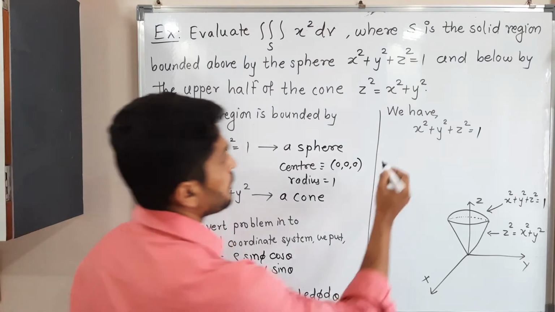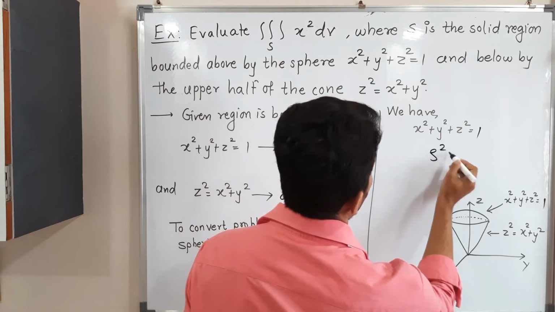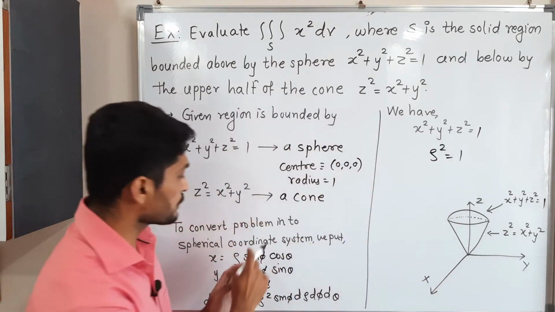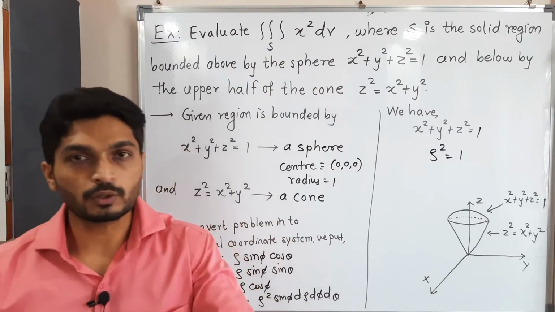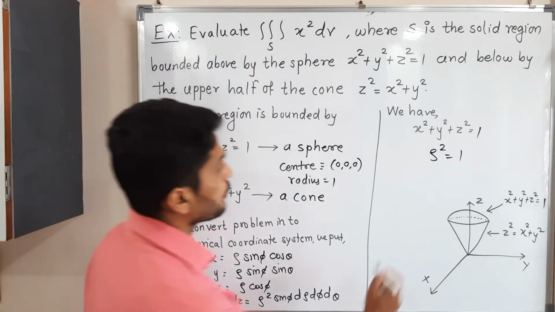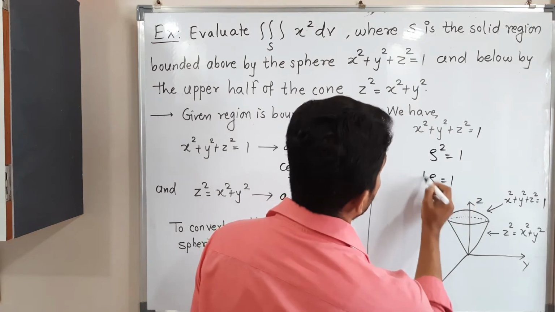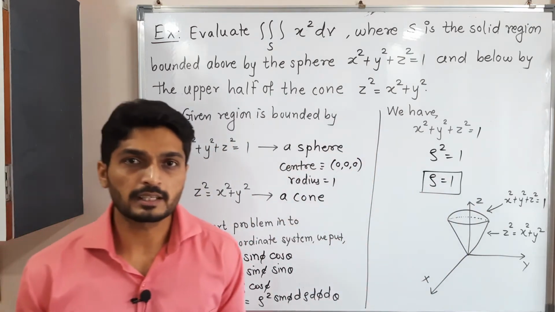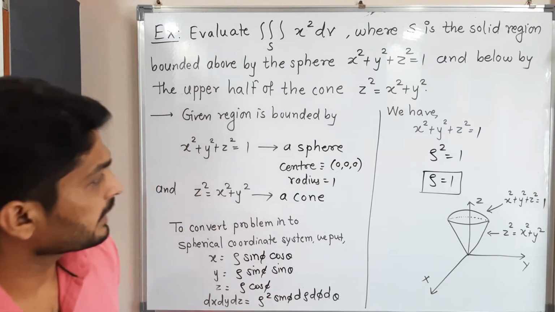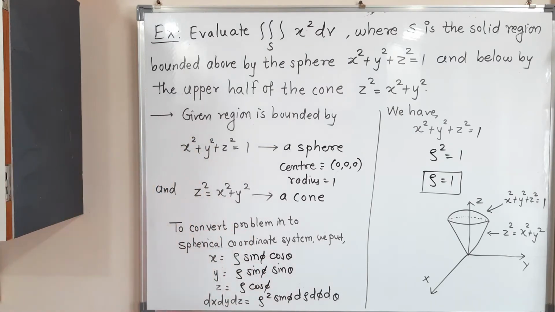You know that x square plus y square plus z square is equal to rho square. If you put all those values, you can solve and check. Therefore rho is equal to 1. So this is the equation of the sphere, rho is equal to 1, a sphere having radius 1. After that there is no more space, so I suggest you make a screenshot of it. After that we will continue.